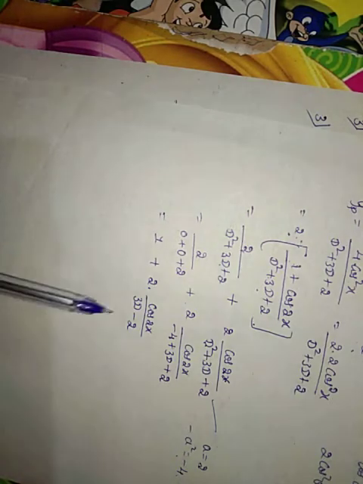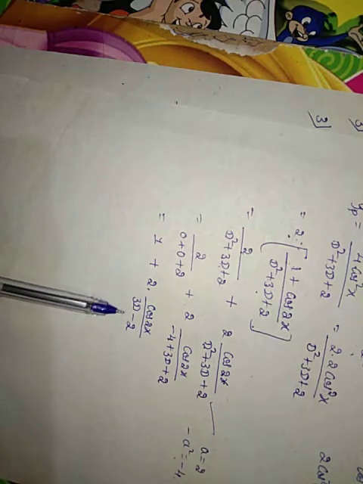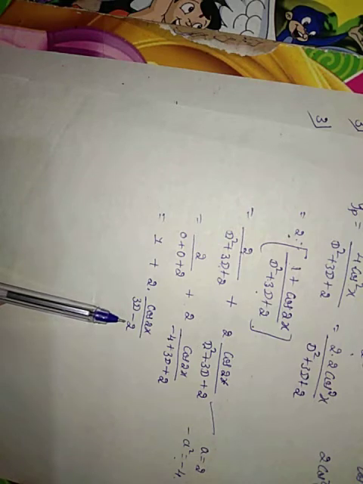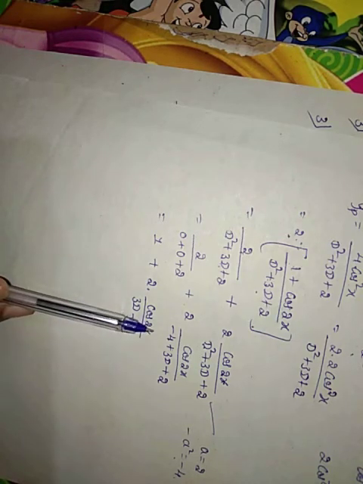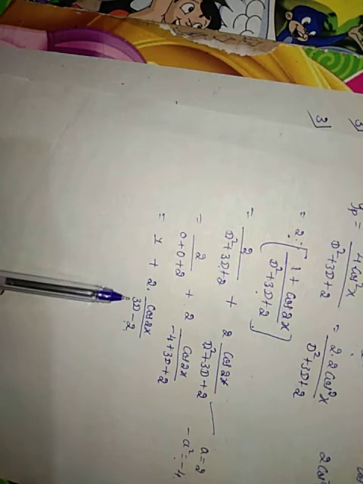Now the denominator is again in alpha D minus beta form. When the function is in alpha D minus beta form, multiply both numerator and denominator by the term 3D plus 2.